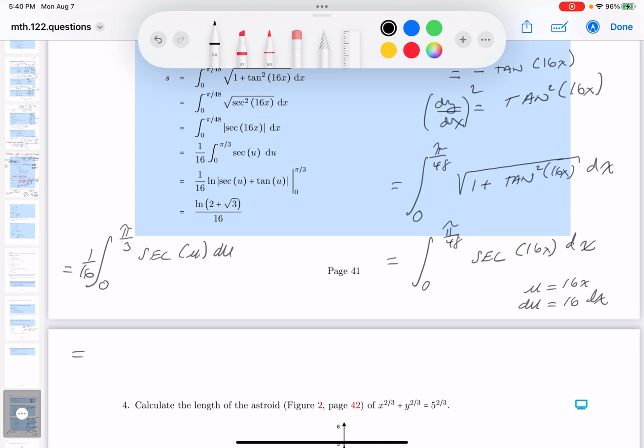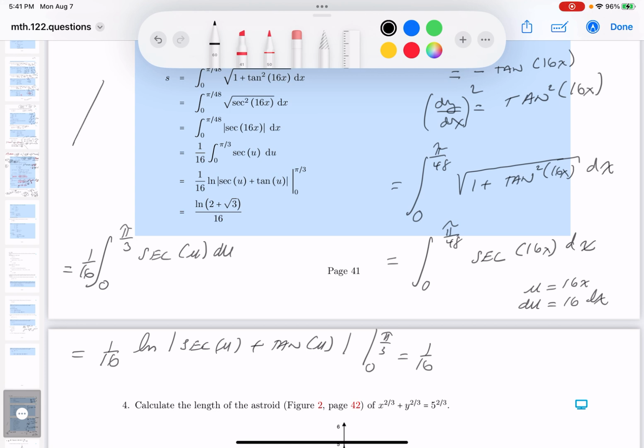What do you get? 1/16 natural log, absolute value, secant of u plus the tangent of u. We're going to evaluate this from 0 to pi over 3. Just to remind you, pi over 3 is 60 degrees.